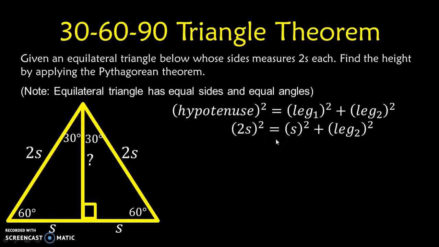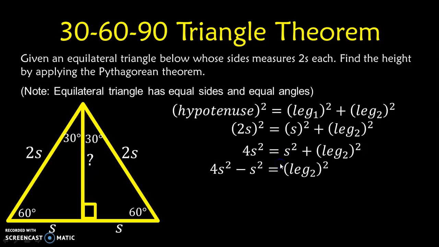By simplifying it, we have 4s squared equals s squared plus the square of the second leg. So by algebraic manipulation, we have 4s squared minus s squared equals the square of the second leg. Simplifying that further, we have 3s squared equals the square of the second leg.